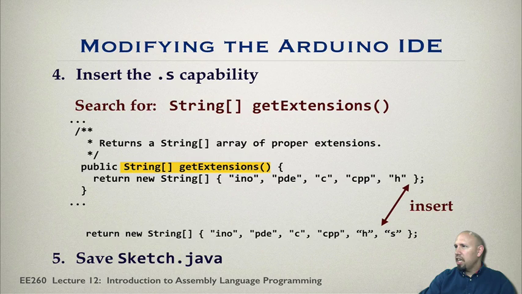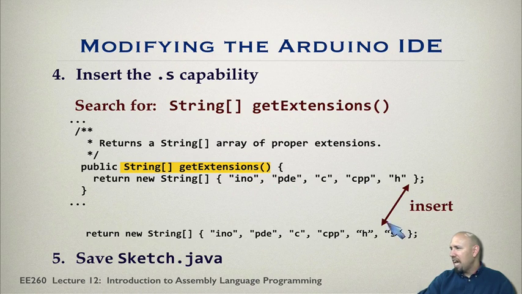The next thing we search for is this string, open and close brackets, get extensions, open and close brackets. When you search for that, you get this code, and we need to insert in here. Notice again we have INO file, PDE file, C file, C++ file, H file.